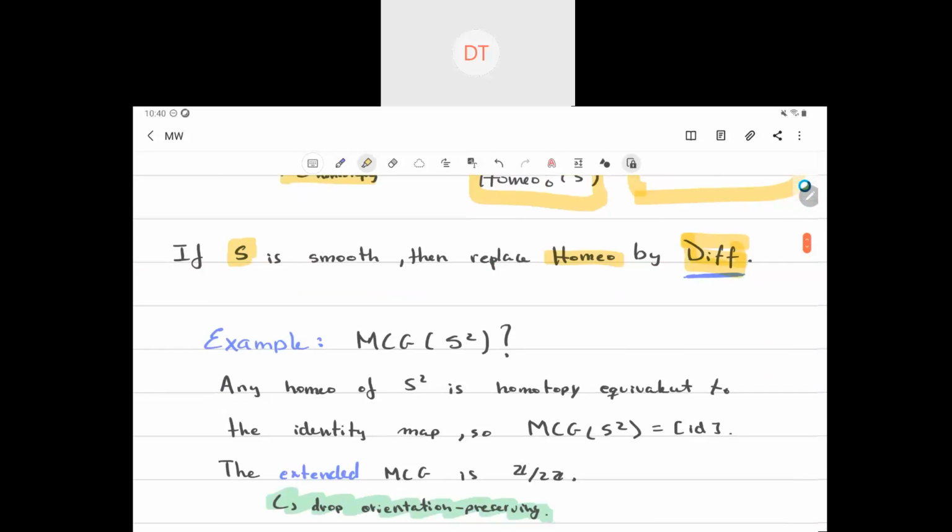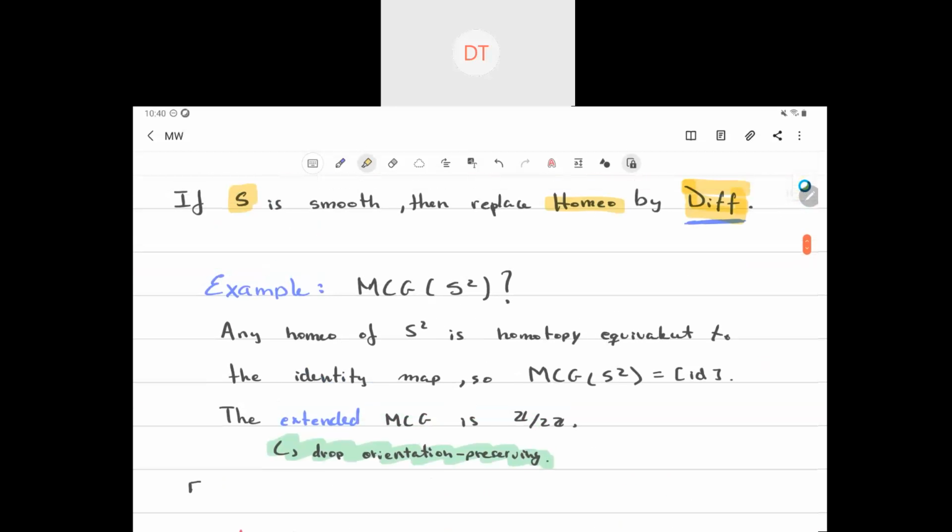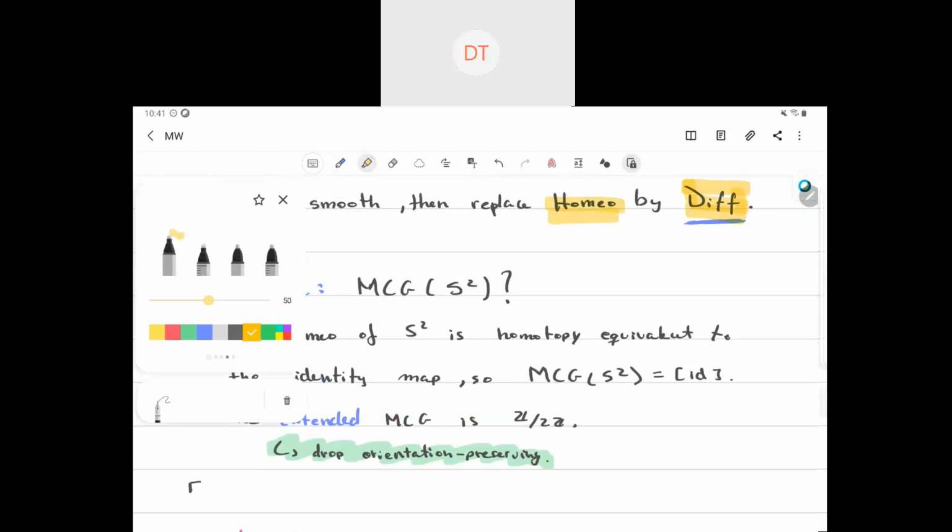Okay, so let's see an example of this. What is the mapping class group of S2? Let's think of it in terms of homeomorphisms. It's going to turn out to be the same if we think of it in terms of diffeomorphisms, but let's just say homeomorphisms.